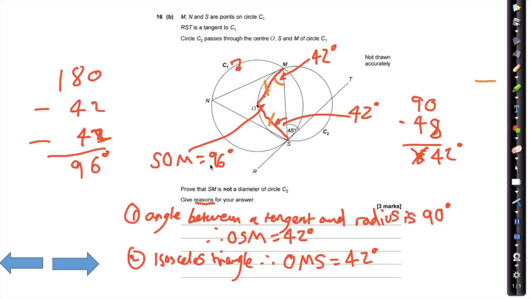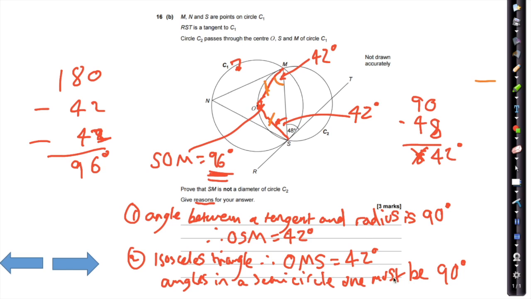So angle SOM is an angle which is inside a semicircle. As it is an angle inside a semicircle, and it is not 90 degrees, you should know that an angle in a semicircle must be 90 degrees.